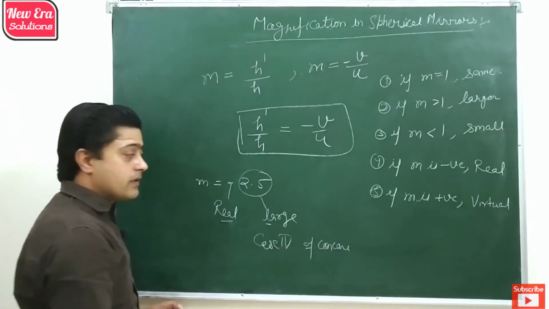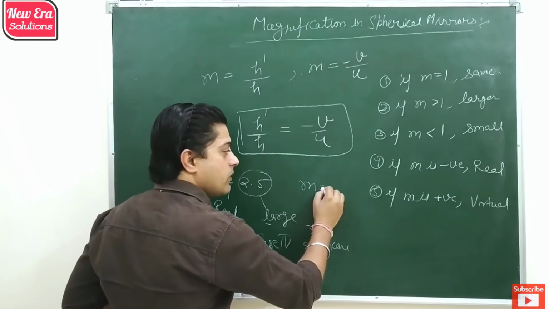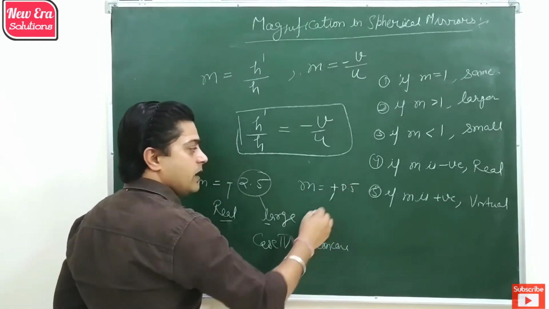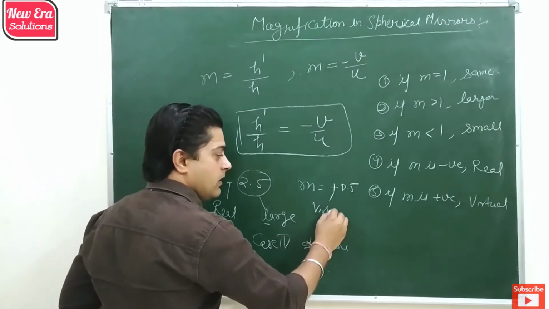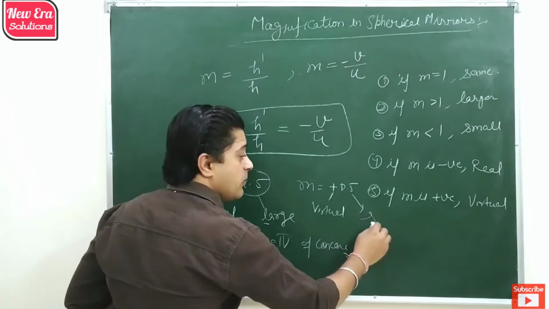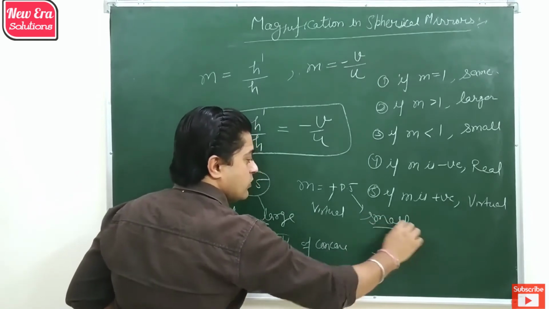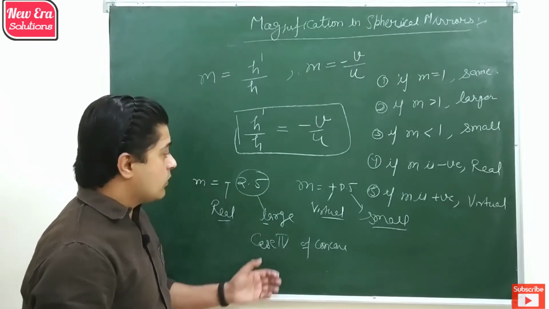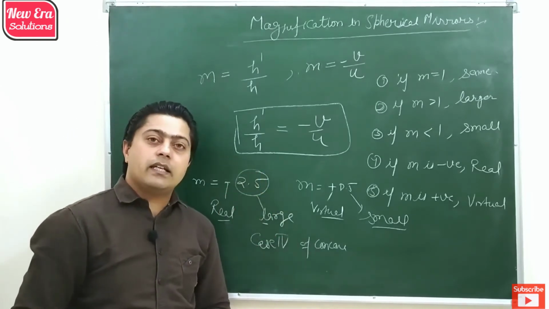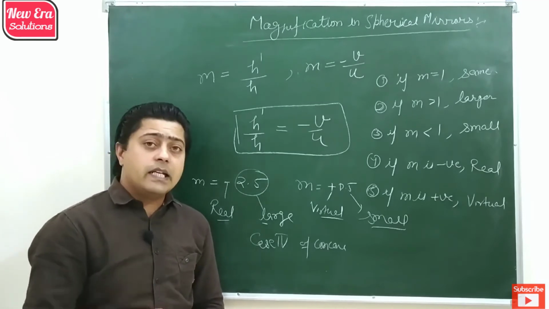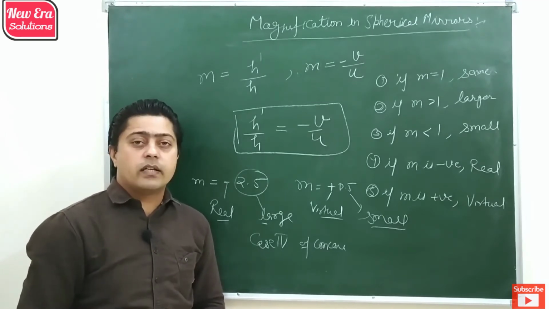Similarly, for another example, if m is equal to plus 0.5, then the positive sign represents a virtual image, and 0.5, which is less than 1, represents a small image. So a small virtual image can be formed by a convex mirror. By identifying the sign and the magnitude of magnification, we can identify any case related to spherical mirrors.